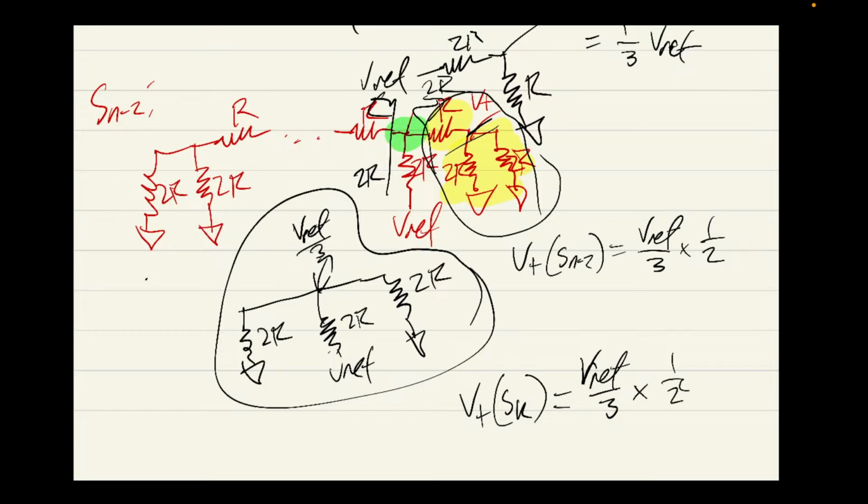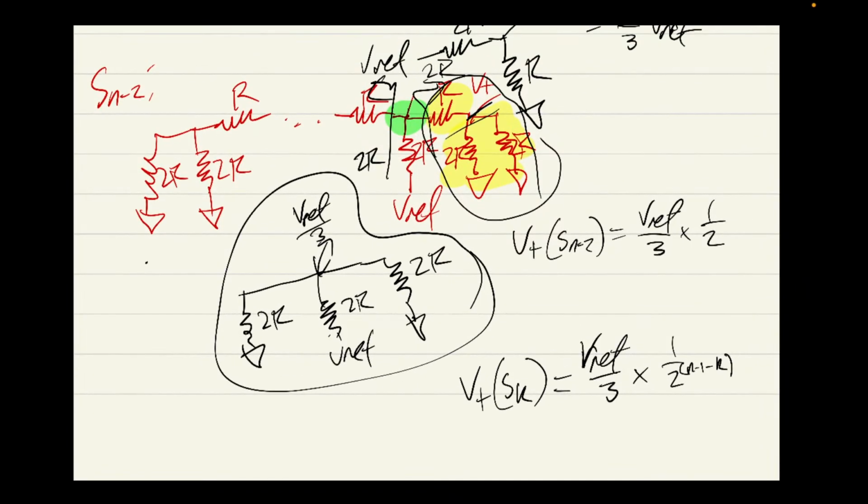Now that power will depend on how far back we go. So if n minus 1 means this has a power of 0, we can say n minus 1 minus k. All right?